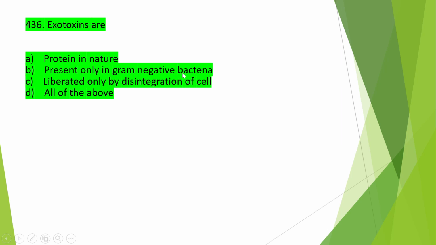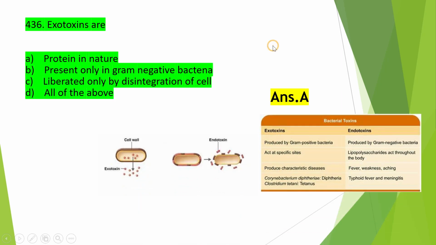Okay, so move on to the next, that is exotoxins are protein in nature, or present only in gram negative bacteria, or liberated only by disintegration of cell, or all of the above. So exotoxins are option A, protein in nature. Here exotoxins are produced within a cell, and after that secreted from the cell and infect humans or other animals.